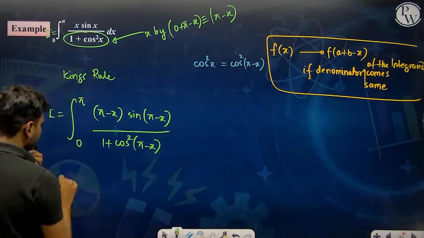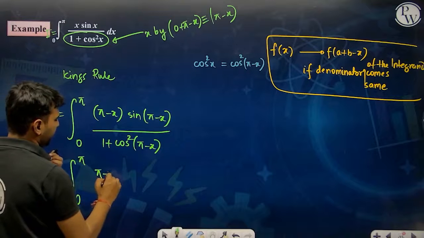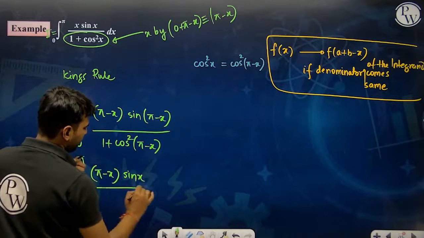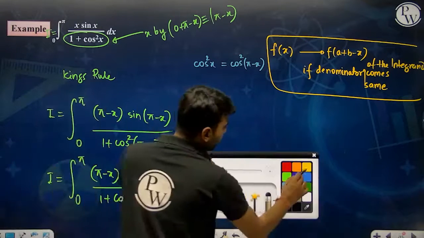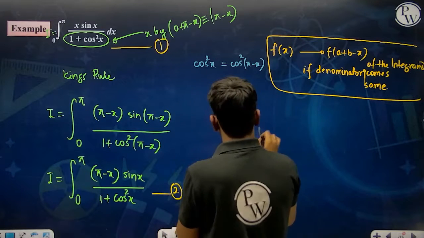If you look at this, then this very same thing can also be written like this: pi minus x times, what is sine of pi minus theta? It is sine theta only, and it is going to be like this. So what we do is, we take this one and this one and add these two.